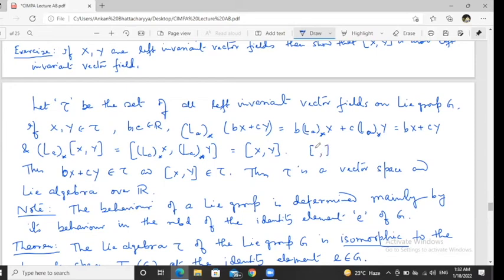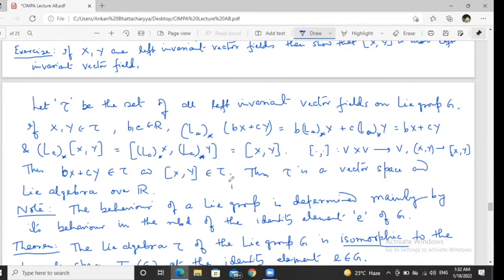Suppose V is a vector space over R; there is a bilinear map from V cross V to V, given by (X,Y) to the Lie bracket [X,Y], which satisfies two conditions.